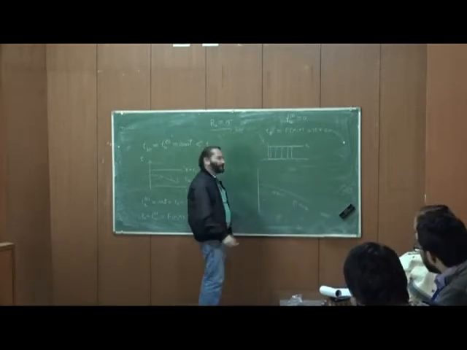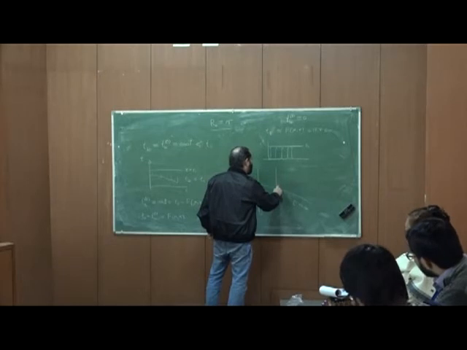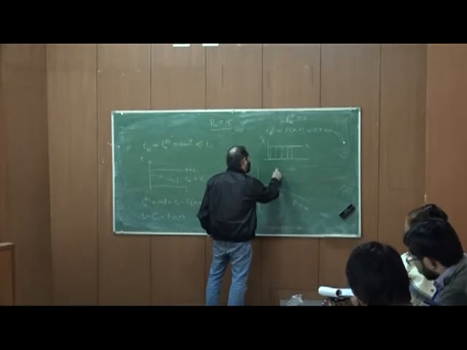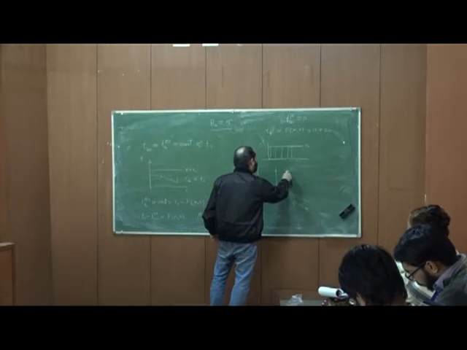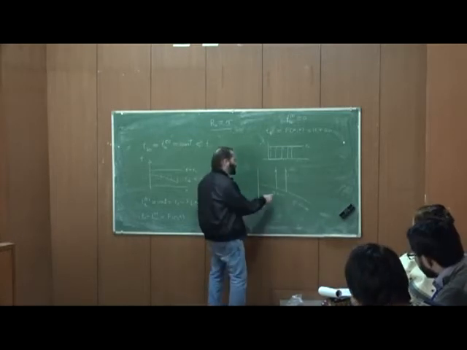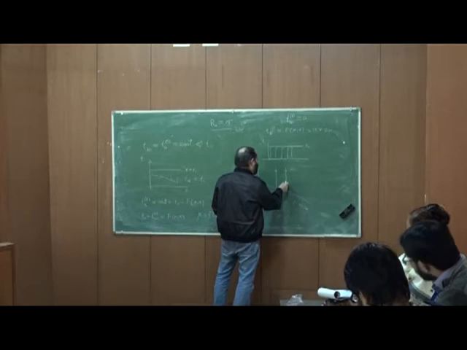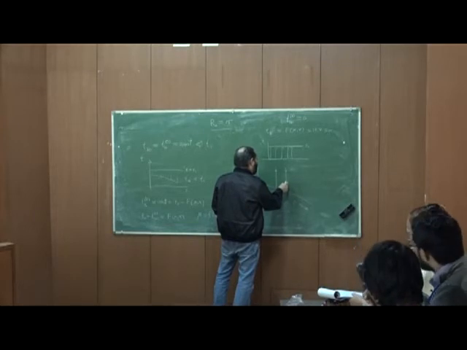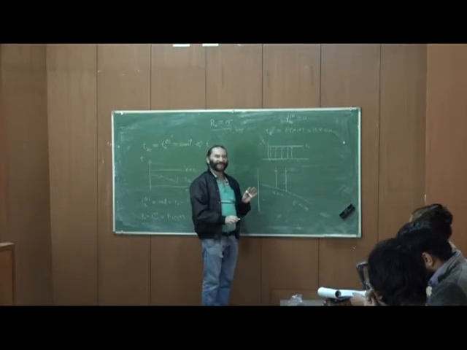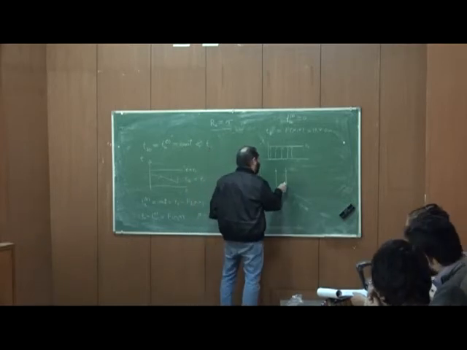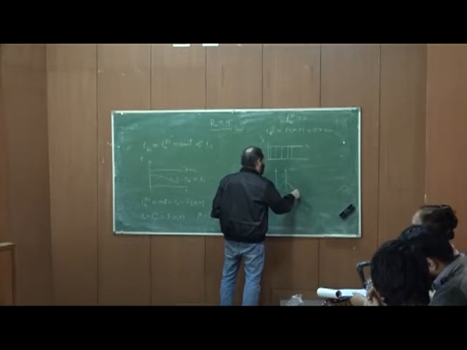An observer emerges from here, and then a neighboring observer emerges from here. This neighboring observer makes observations. This is the light cone.